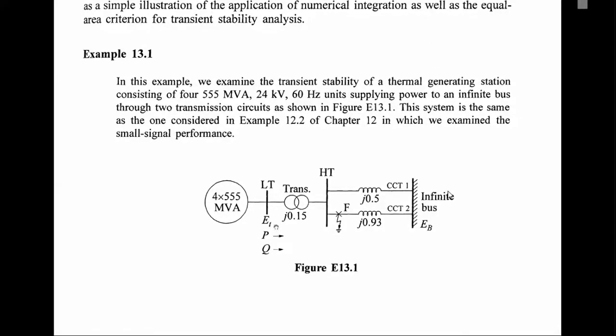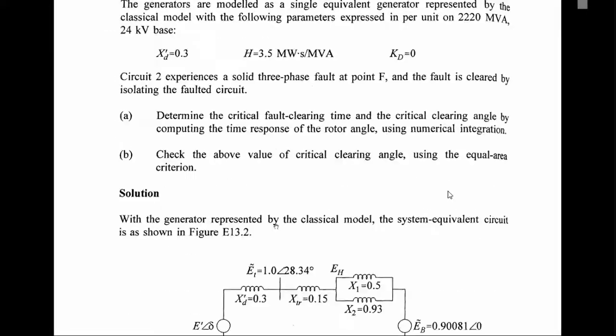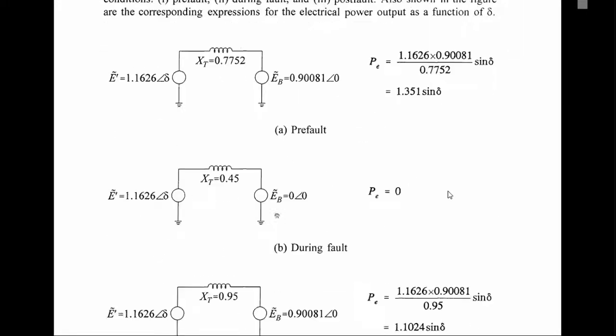Here they have calculated that before the fault, the electrical power flowing through that transmission line from the single machine model is 1.351 sine delta.